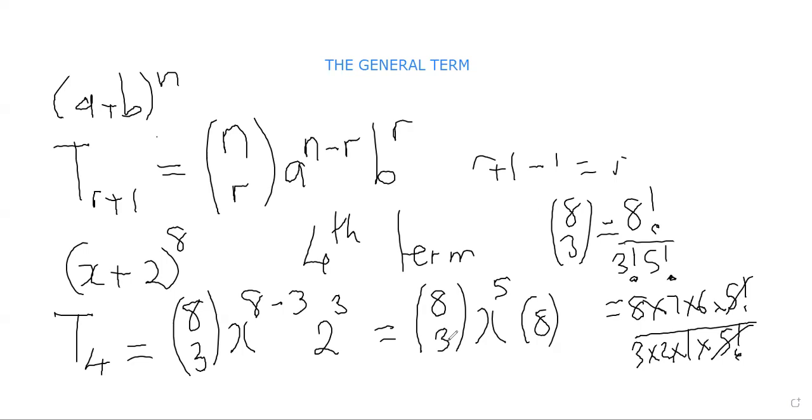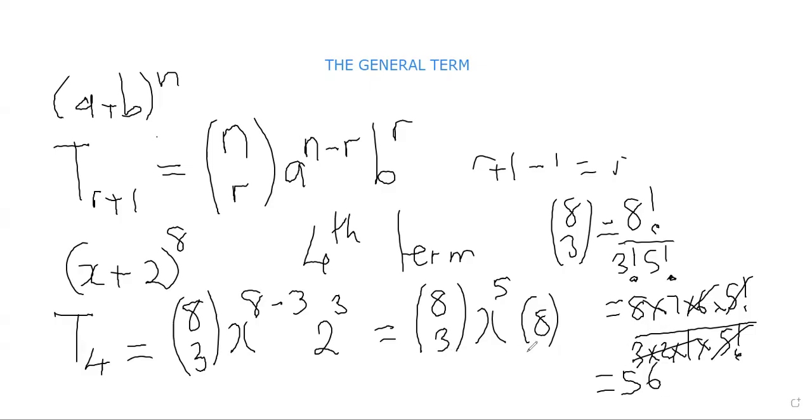So when you look at what we have here, what we have remained with is 3 times 2 times 1 times 1, which is 6. So this 6 and that 6 cancel, so you end up remaining with 8 times 7, which is equal to 56. So in short, 8 choose 3 is equal to 56.